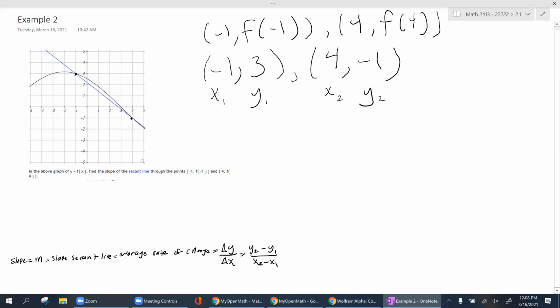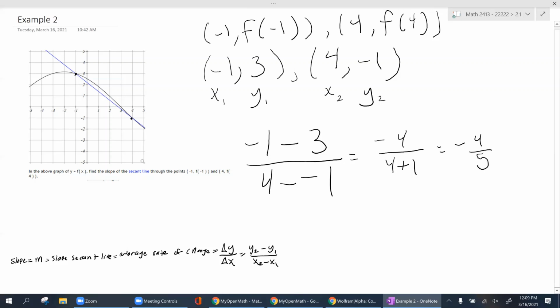At this point, I can find the slope of the secant line because I know that's just average rate of change, and that is just m, which is just slope. I know the formula for slope: y2 minus y1 over x2 minus -1. Very nice. Now I'm going to simplify: -4 over, what's that? 4 plus 1, which is -4 over 5. And that is the slope of my secant line.